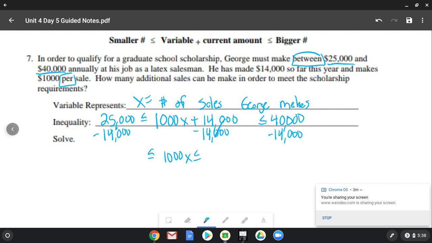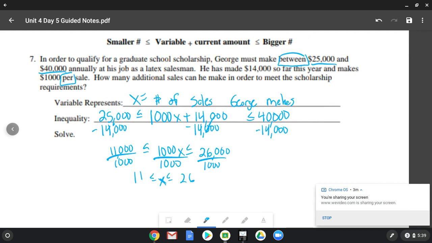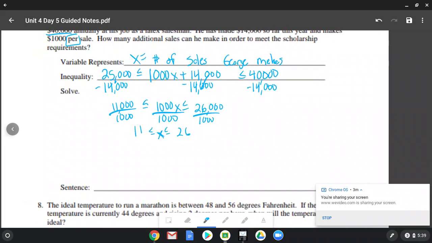I'd get 40 minus 14 is 26,000. And 25 minus 14 is 11,000 divided by 1,000. So the number of sales that George can make to qualify for this scholarship would be between 11 and 26. So that would be my sentence.